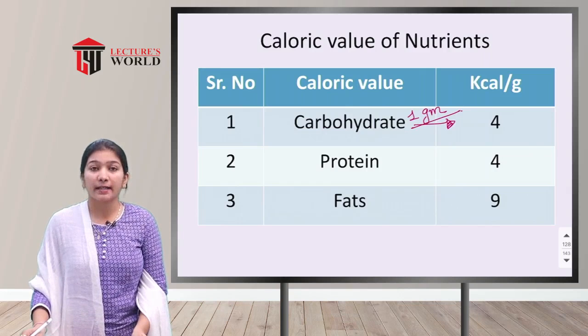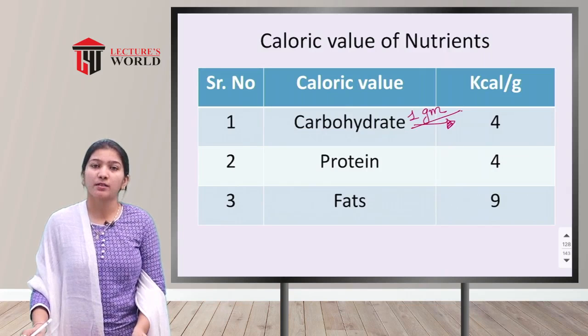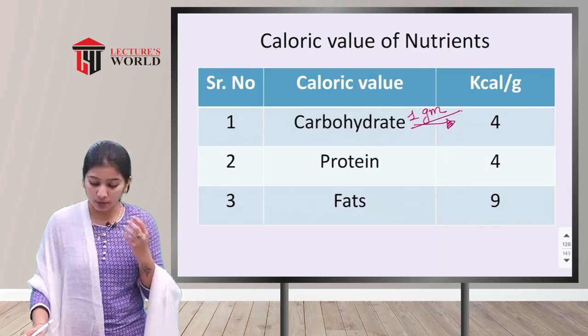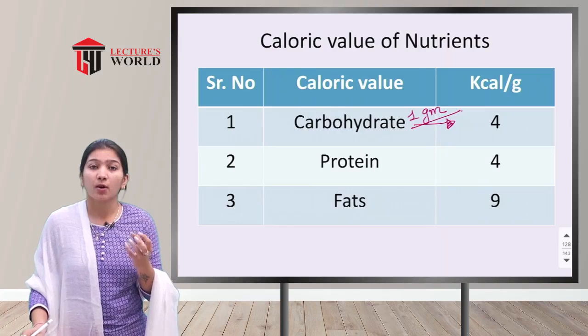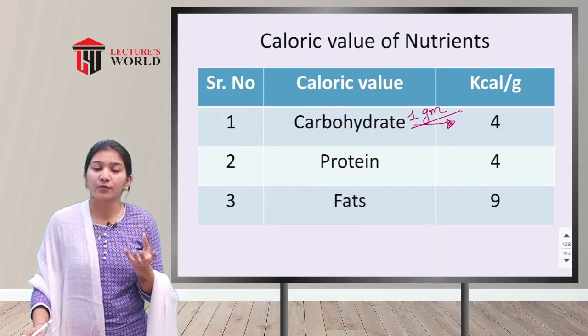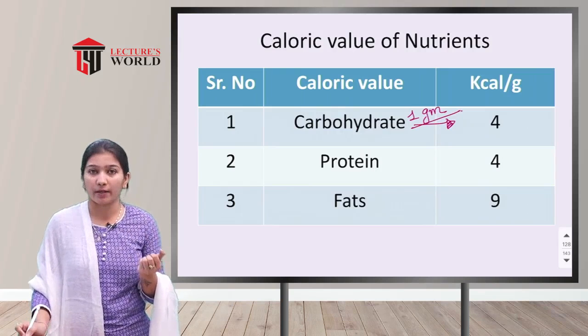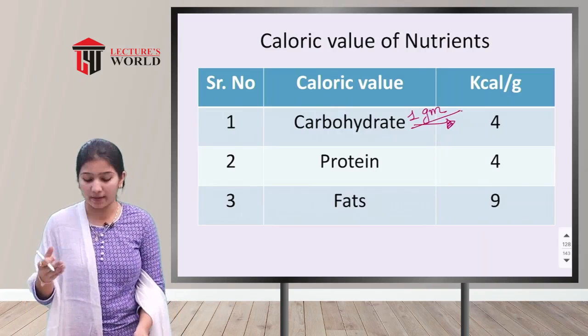If you are eating 2 grams of carbohydrate-rich food, like roti or chapati, then you will get 8 kilocalories. You should multiply that.